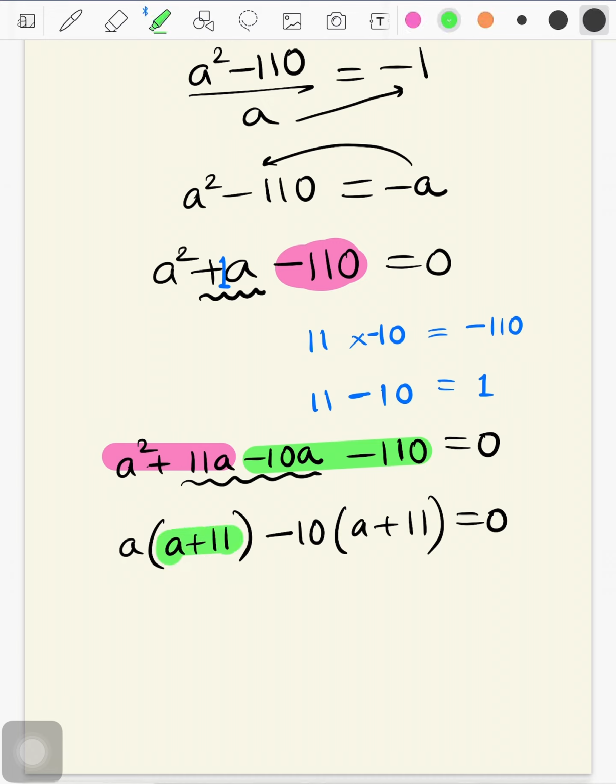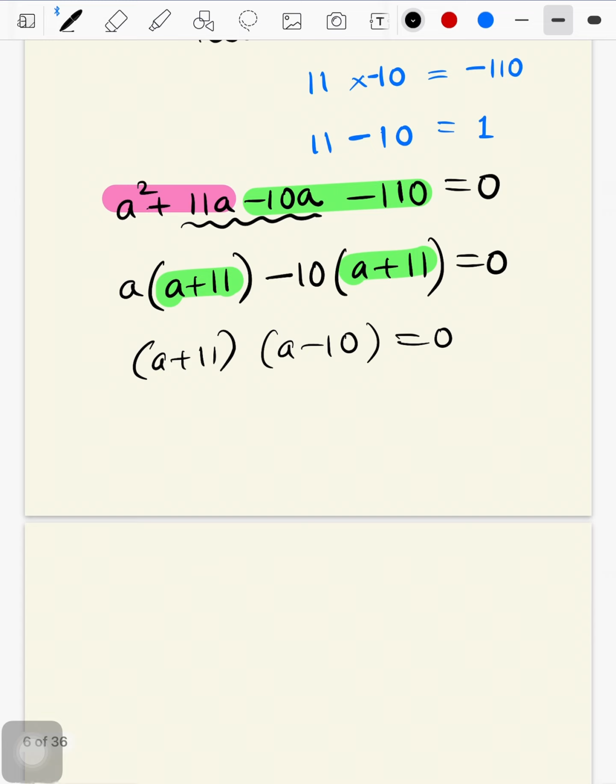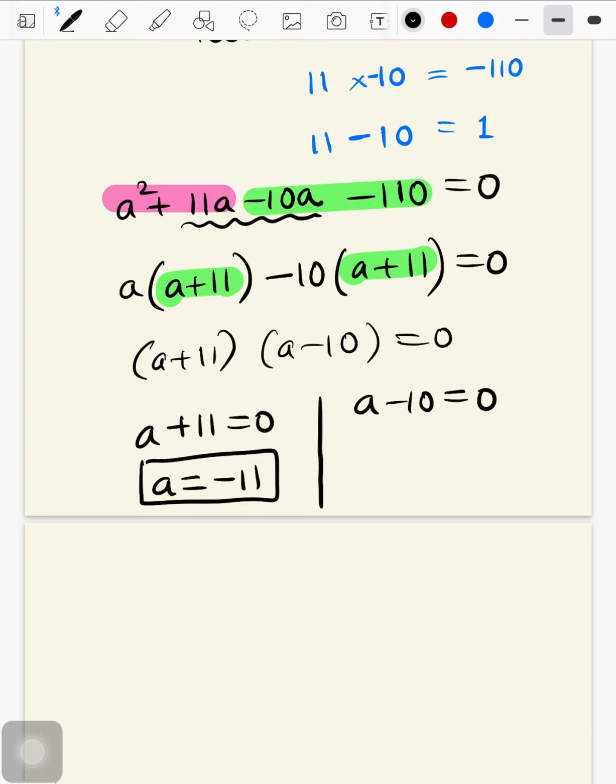Now you can see that the bracket is common, so we write the bracket one time, and the remaining terms are a minus 10 equals 0. If there are two brackets and their product is 0, we equate each individually to 0. So one value we get is minus 11 and one value is 10. So we have two values for A.